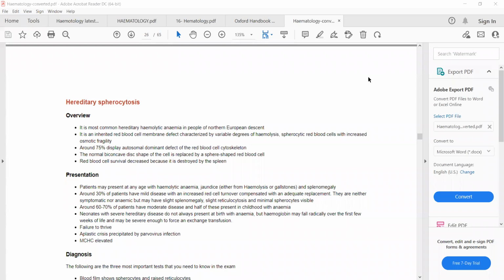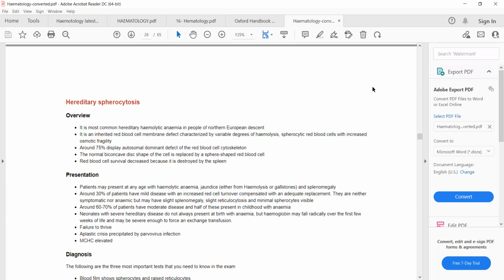So the second cause of hemolysis is hereditary spherocytosis. What happens in hereditary spherocytosis is that there is a defect in the skeleton of the RBCs, a genetic defect in the skeleton of the RBCs. What happens due to this genetic defect?